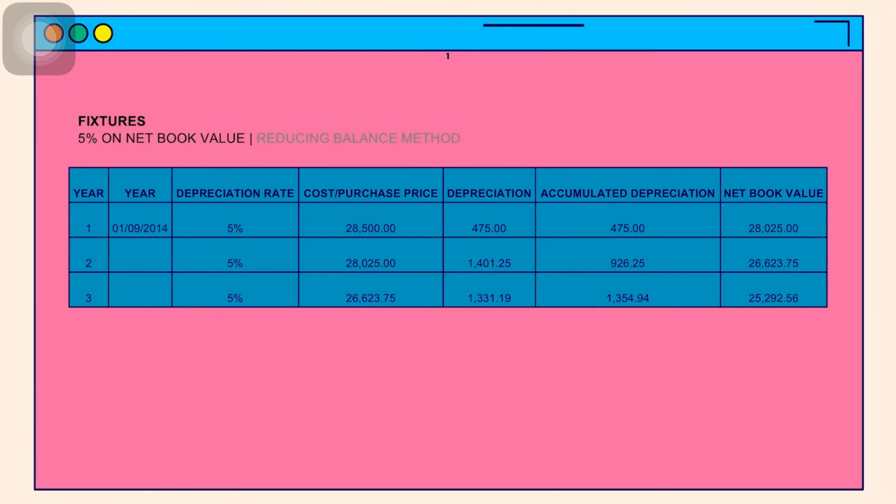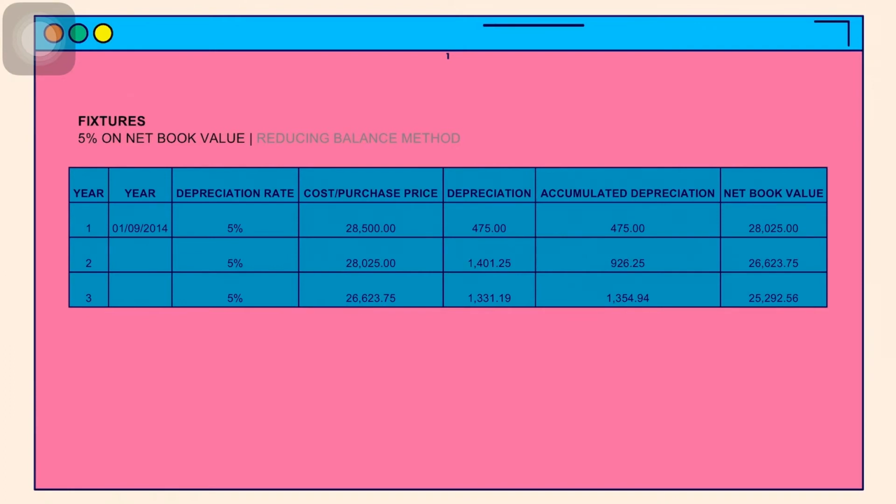For the cost, 25,000 plus 2,500 plus 1,000 you will get 28,500. The 2,500 you get from transportation, and 1,000 you get from installation.